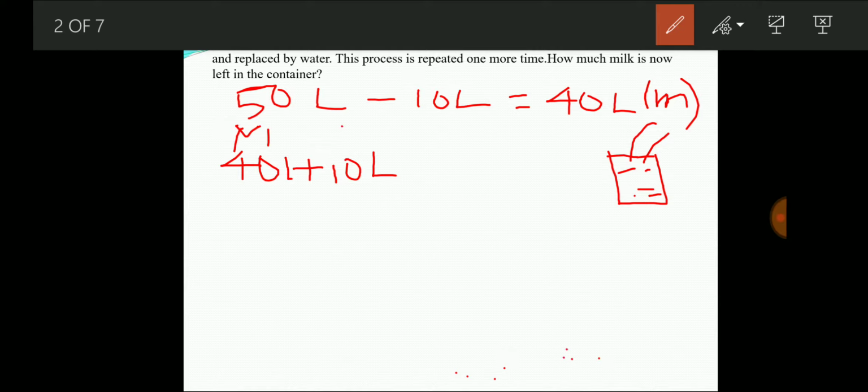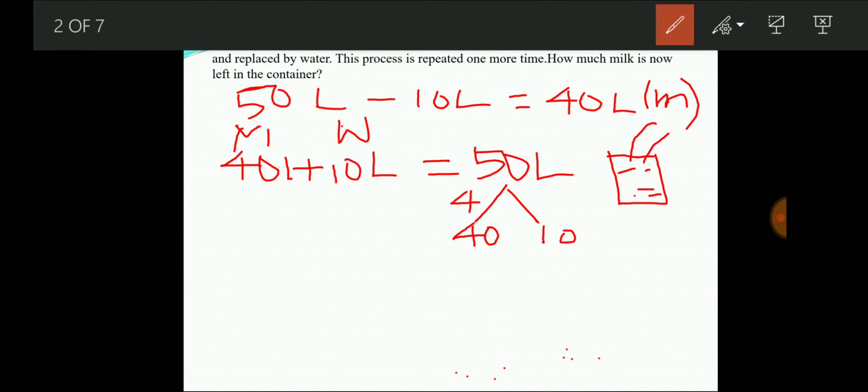Totally we'll have 50 liters, with milk and water in the ratio 40 to 10, which is nothing but 4:1.